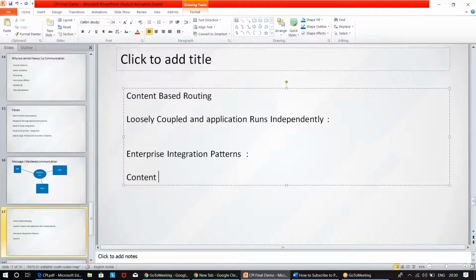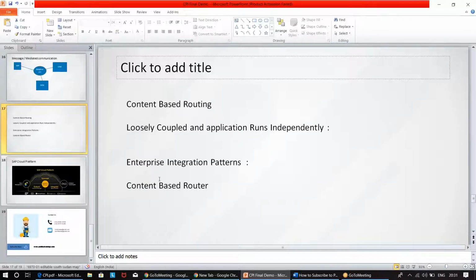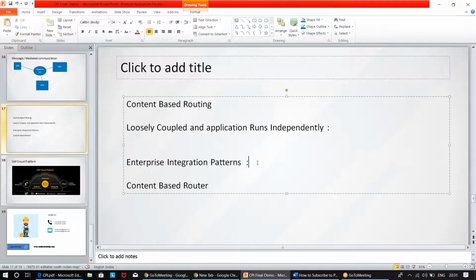Let me write it: content based router. Based on a specific customer ID, you want to make sure your message goes to CRM or your HCM. That comes under content based router.